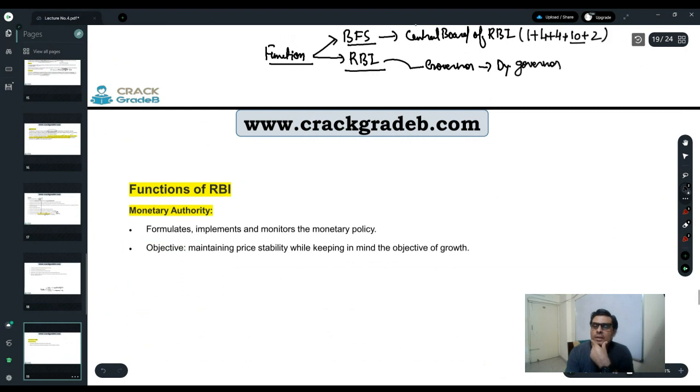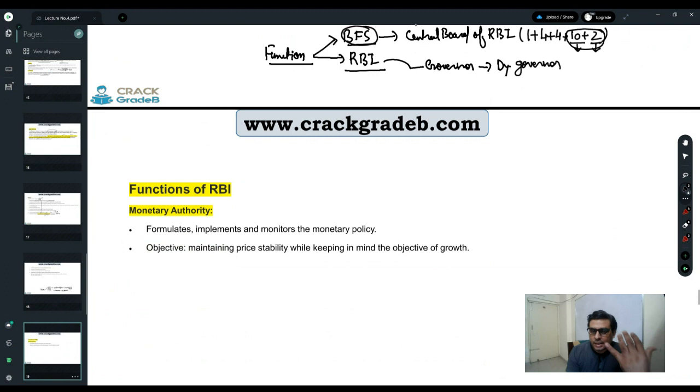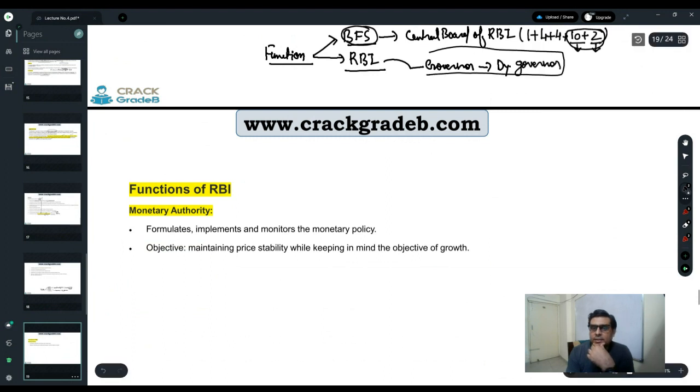These nominees of the government of India and two government of India officials play an important role when the Board of Financial Supervision works, right? So RBI does not have a kind of monopoly in the functioning when the Board of Financial Supervision works, whereas for other functions of RBI, these people from RBI have more control.